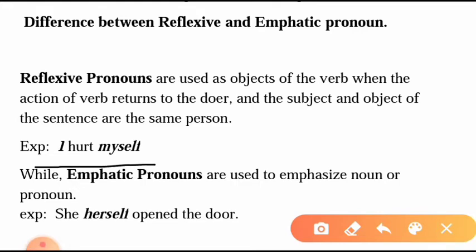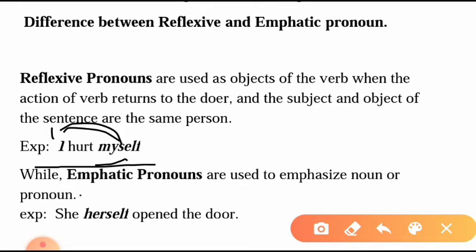So usually the reflexive pronoun will be at the place of the object, and that would be according to the subject in the sentence. So I hurt myself, the reflexive of I is going to be myself. And if there is we, we could say we hurt ourselves. So the reflexive pronoun is going to be according to the subjective pronoun.